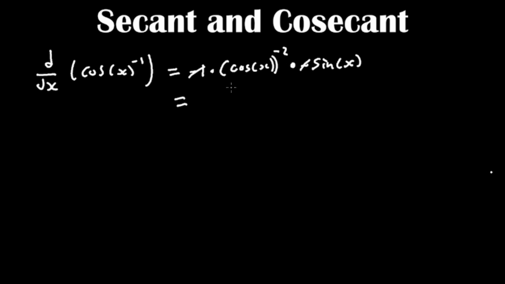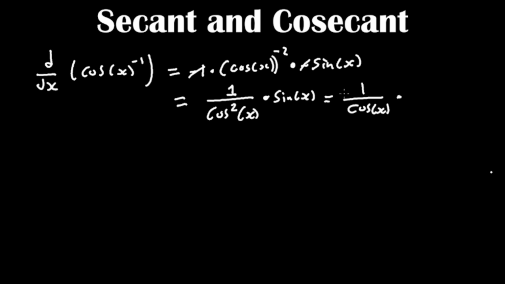So this negative 1 power means a reciprocal. So 1 over cosine squared of x times sine of x. So the way you'll often see this be written is we'll split up this cosine. So this is the same thing as 1 over cosine of x times sine of x over cosine of x.